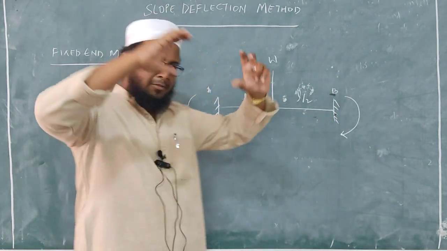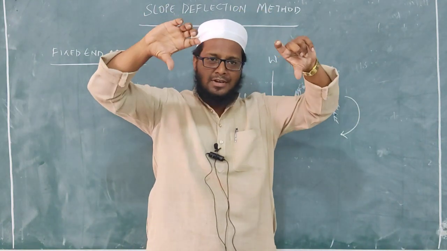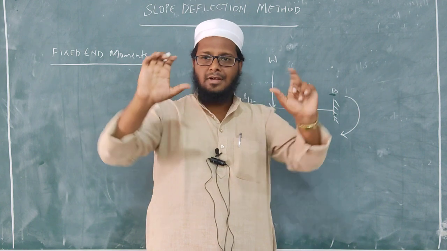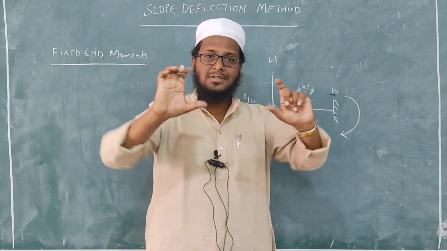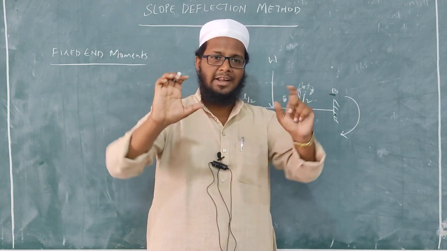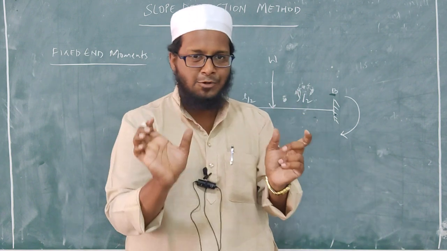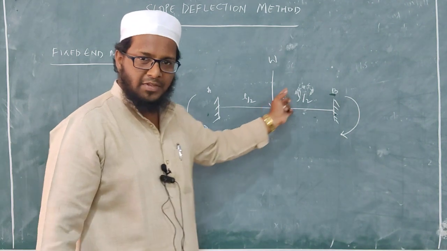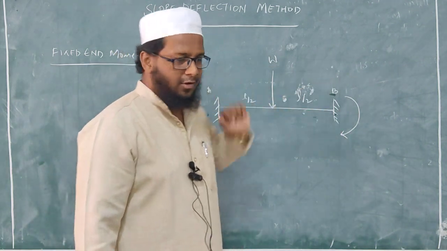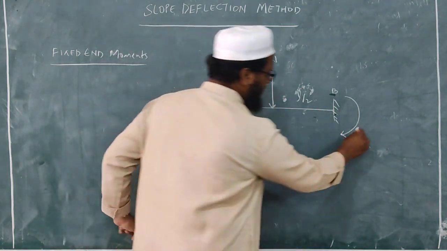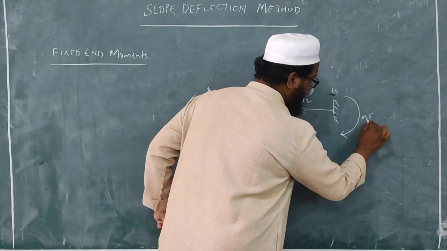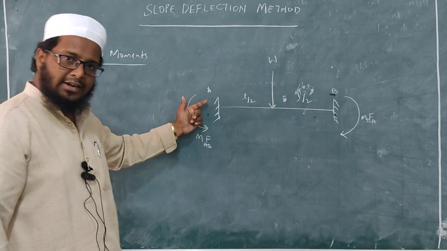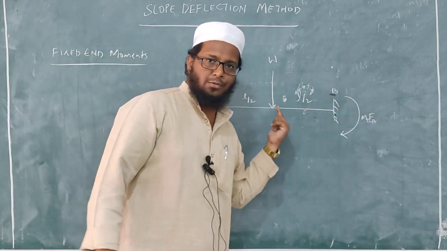The supports are trying to take the beam back to its original position. One support is going in the anti-clockwise direction, another in the clockwise direction. This one we name MFBA. So moment at A to B and B to A.